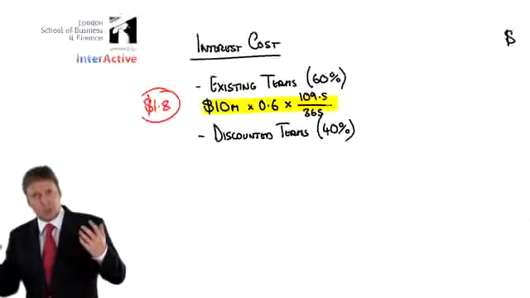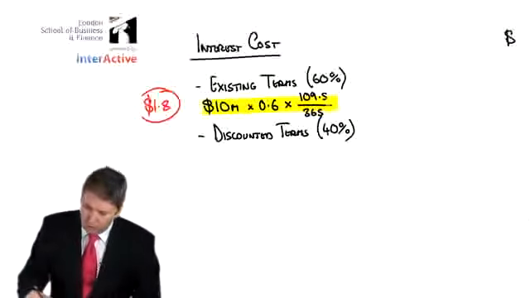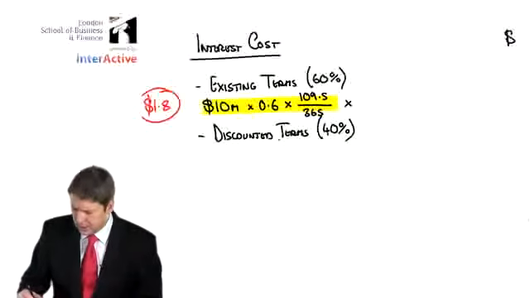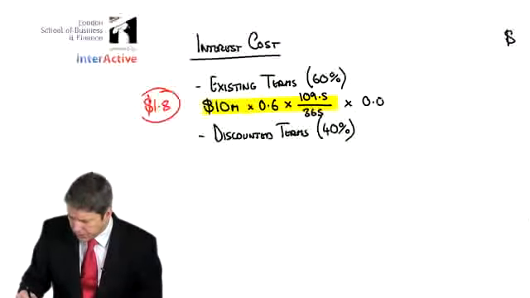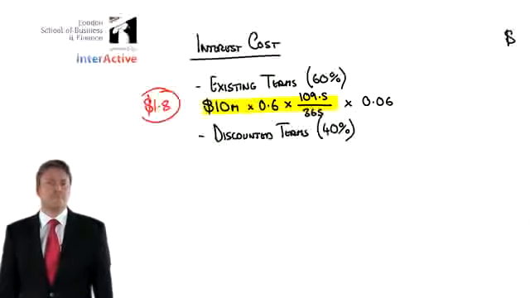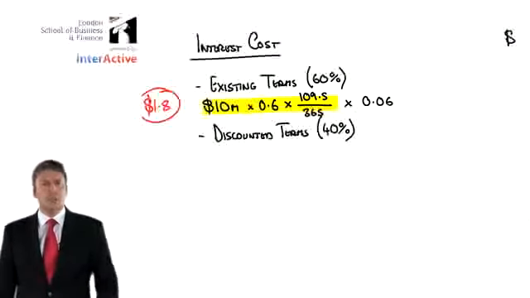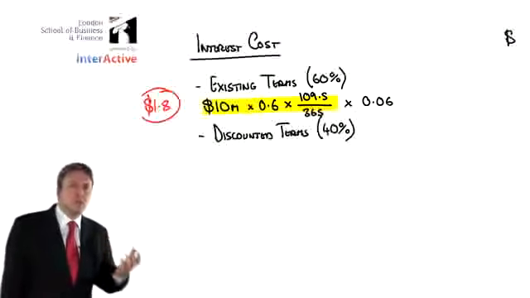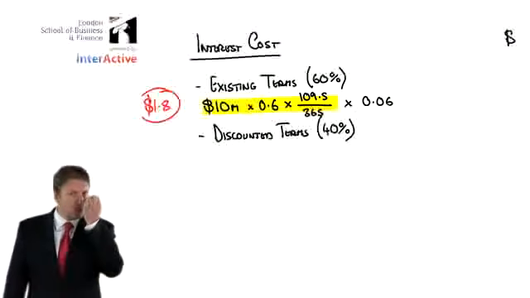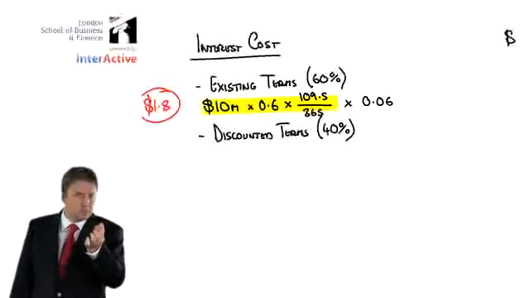Because once you've got the receivables balance, all you have to do is to multiply up by the interest rate. And I seem to remember that the interest rate was 6%, although I could be wrong. So, receivables balance multiplied by interest rate. That's what we always do.